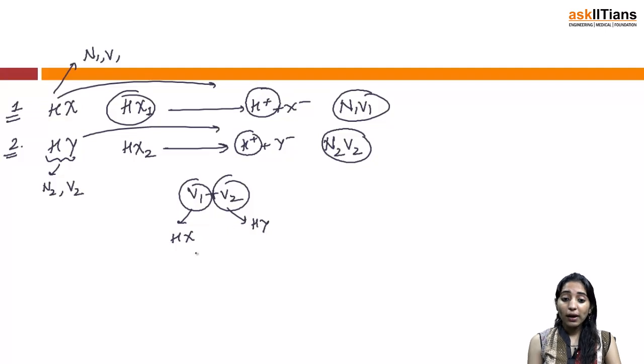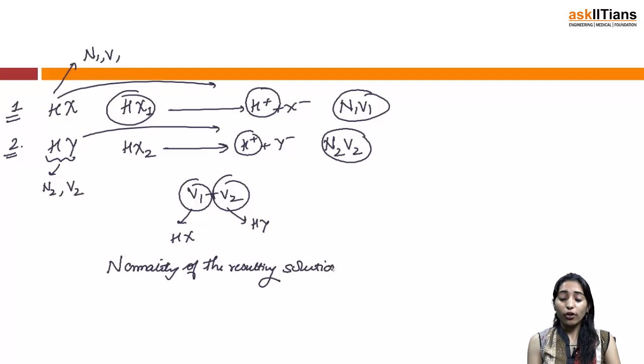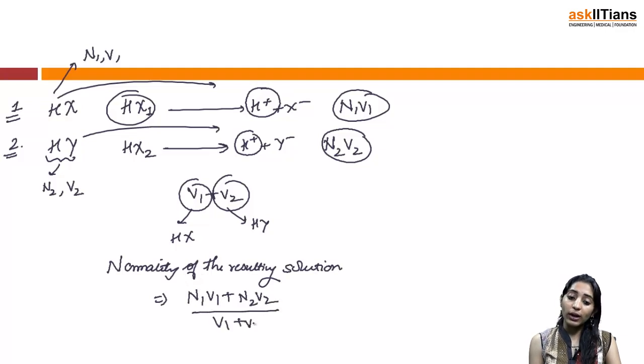Now let us see what will be the normality of the resulting solution. The normality of the resulting solution will be N1 V1 plus N2 V2 by V1 plus V2, and this gives the term N, the concentration of the resulting solution.